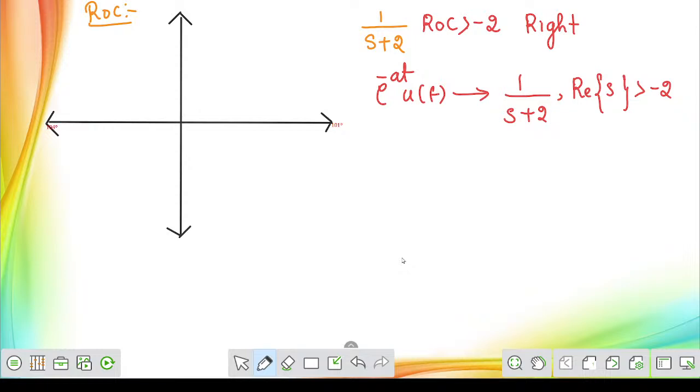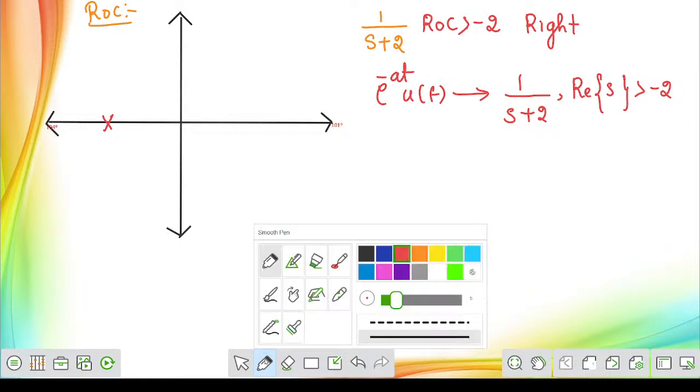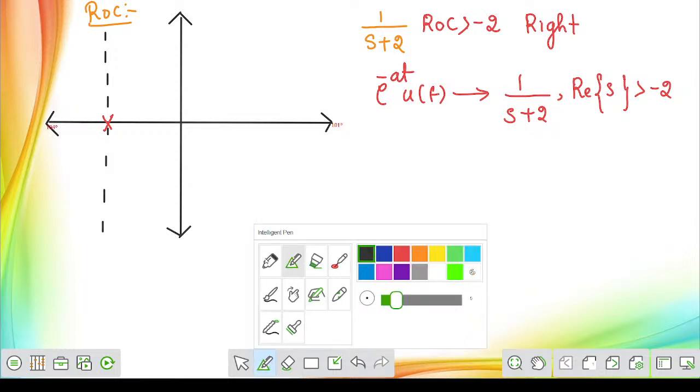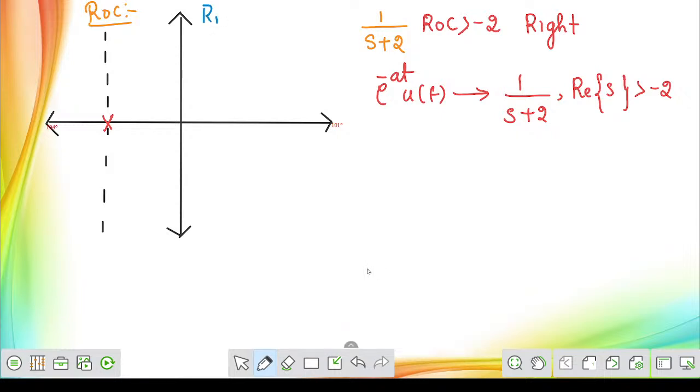Now first locate the pole in its corresponding location. We know the region of convergence does not include any poles inside its region. You should not keep any poles. First draw a vertical strip exactly on the location of the pole. From this location, first cross-check whether your signal is right-sided or left-sided.